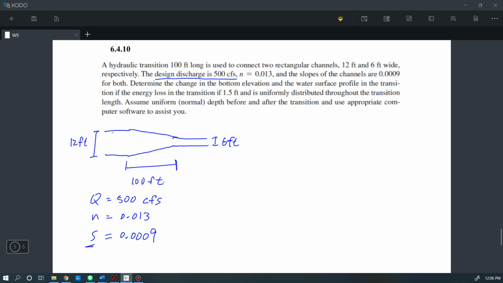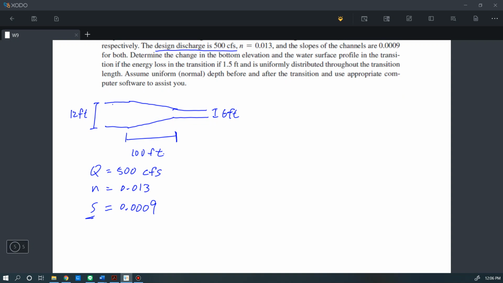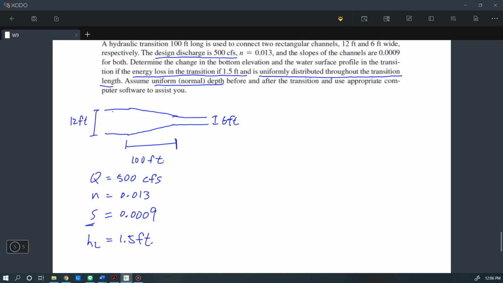And it says that during this transition, the energy loss is equal to 1.5 feet, and it is uniformly distributed throughout the transition, and we assume uniform depths, the normal depths, before and after the transition.